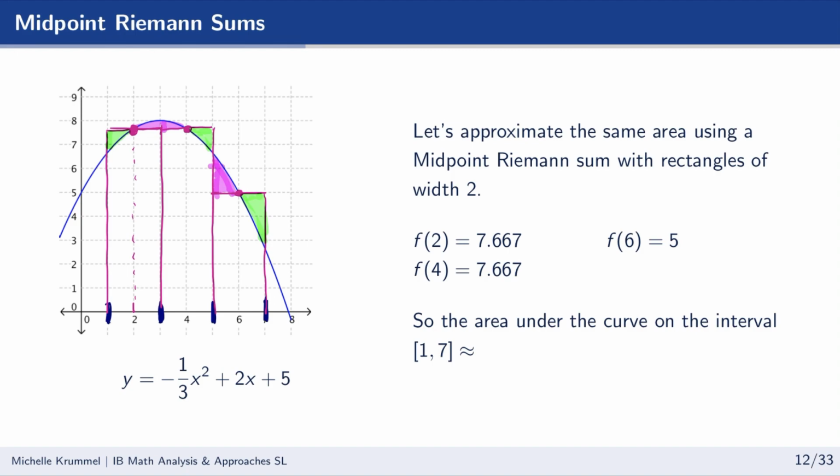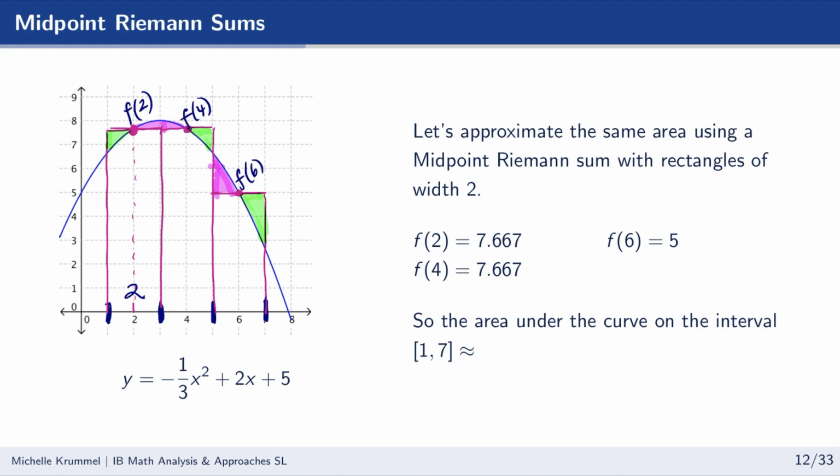Not perfectly still, but to find the area of the rectangles, now we are going to use the width of each interval, which is 2, and then the height is determined by that midpoint value, so it's f of 2 this time. The subinterval goes from 1 to 3, but the height is determined by f of 2. And then this one by f of 4, and this one by f of 6.